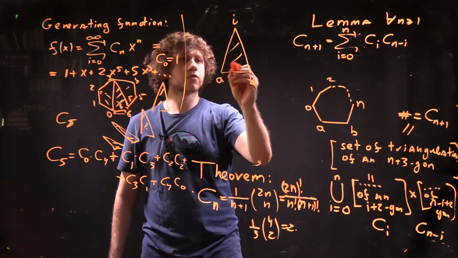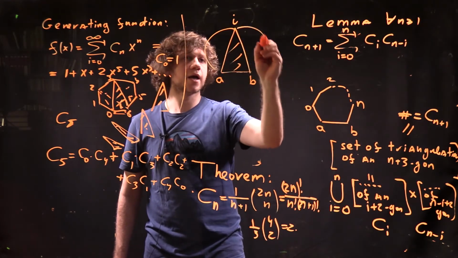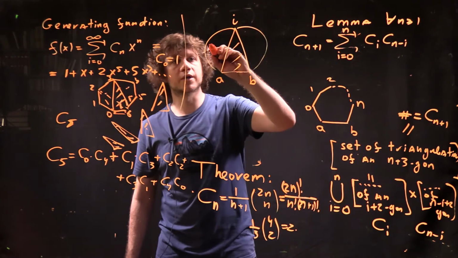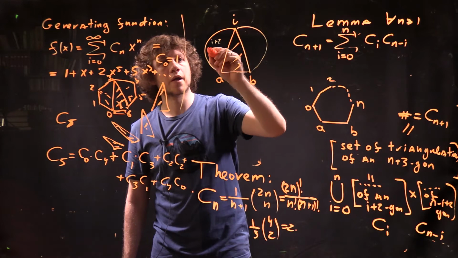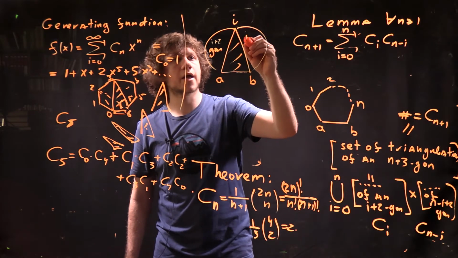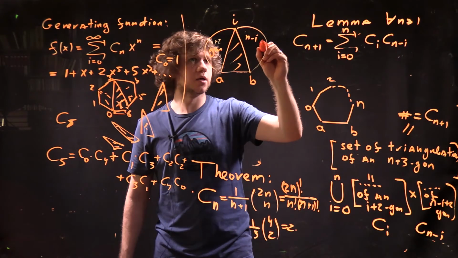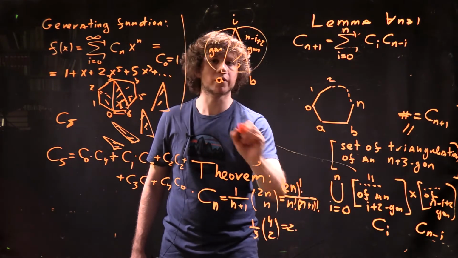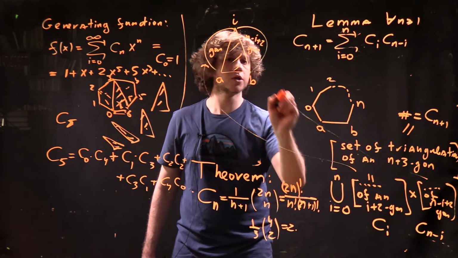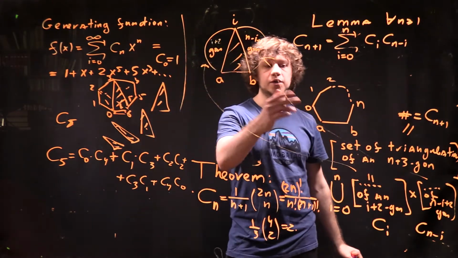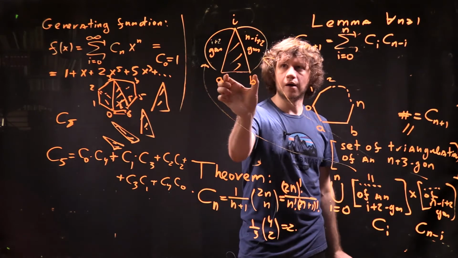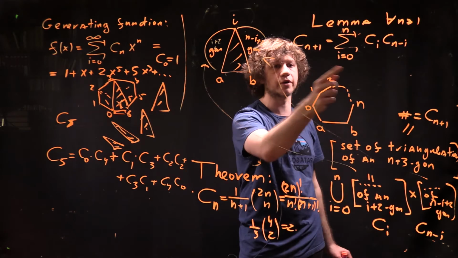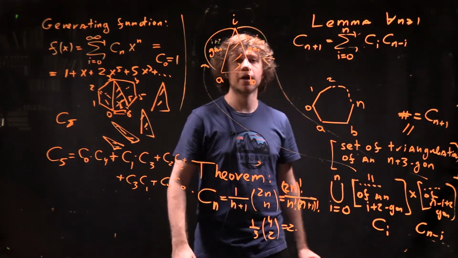So this is one of the triangles, and then I use the triangulation of the i plus 2 gon, so this one is an i plus 2 gon, and this is an n minus i plus 2 gon, and so I can use this triangulation to triangulate this one, and this triangulation to triangulate this one. And so for any i I choose one triangle here and use these two triangulations to construct a triangulation of the whole n plus 3 gon, and vice versa.